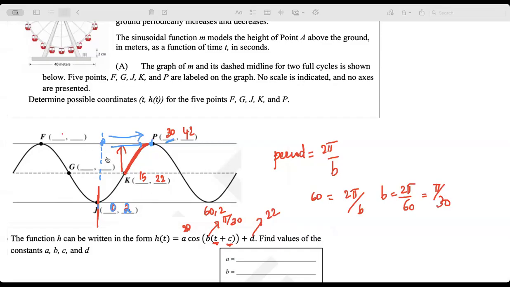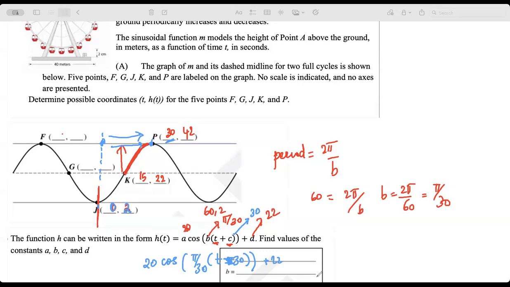So I can say the phase shift C here is 30. Now when I want to write the equation, it's 20 cos(pi by 30, then t minus 30) plus 22. Makes sense?